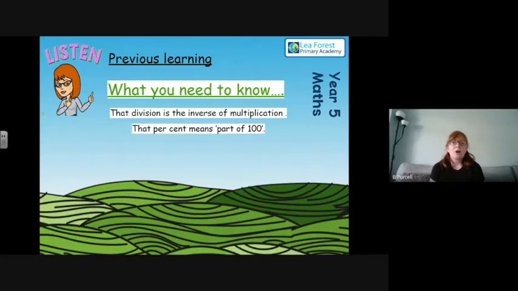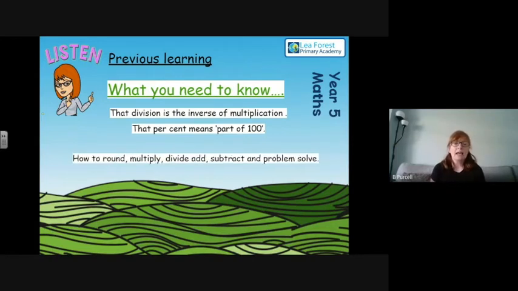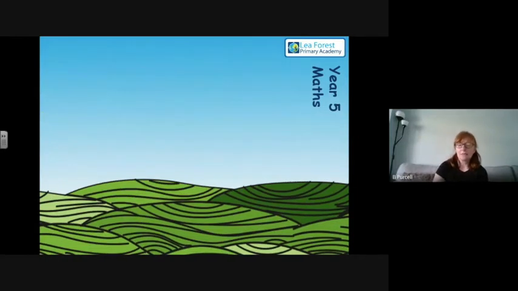We need to know and remember that percent means part of 100, and how to round, multiply, divide, add, subtract, and problem solve. Those are all the skills that we've concentrated on this half term, and it seems like we've covered such a lot, and I think maybe we have. So let's have a look.